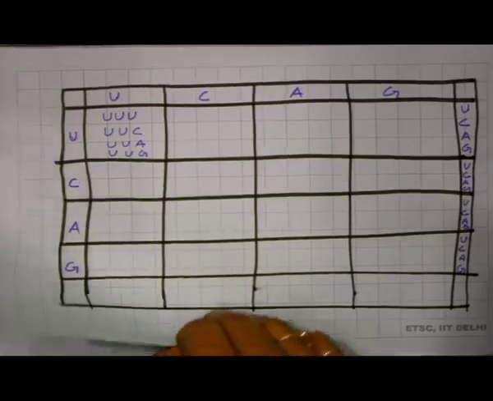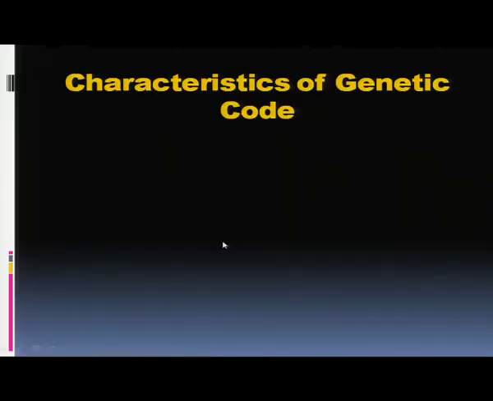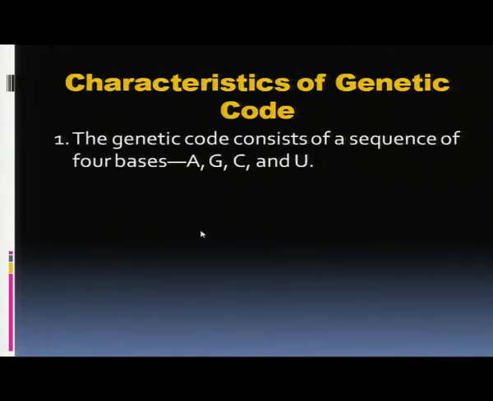Now, here are some characteristics of genetic code, which is an important part. The first is the genetic code consists of sequences of 4 bases.